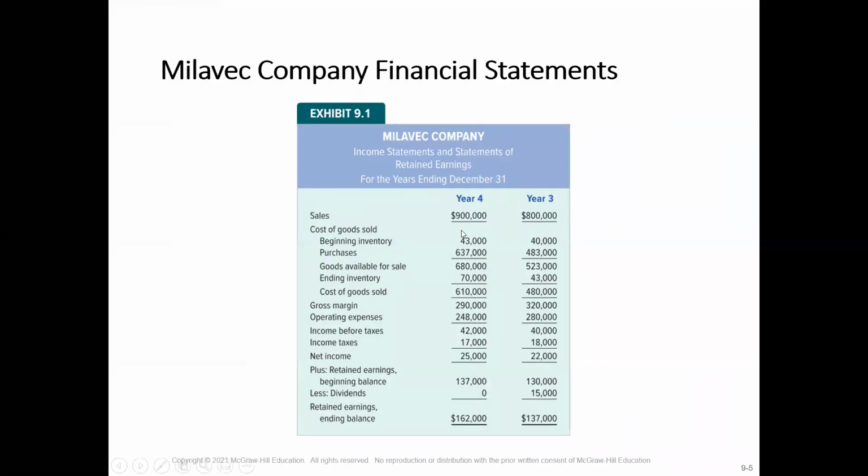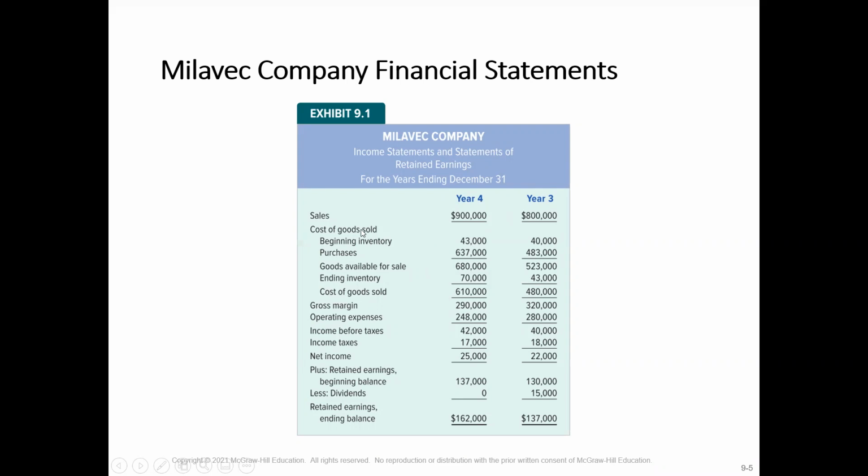Okay, so the starting point would be our financial statements, and generally to do financial statement analysis, you would be presented with multiple years, 2 or more. Especially for completing horizontal analysis, you need more than one. Could be 1 year, could be the same period from the year before.